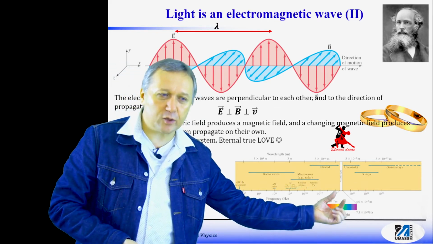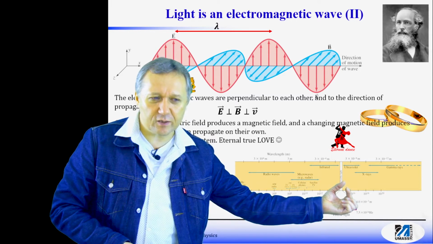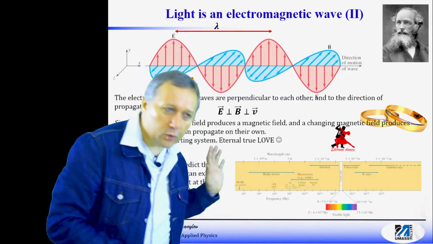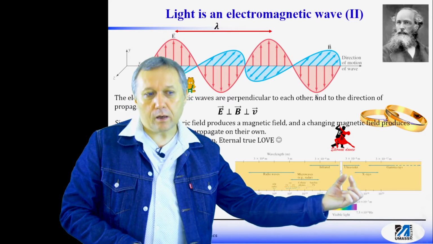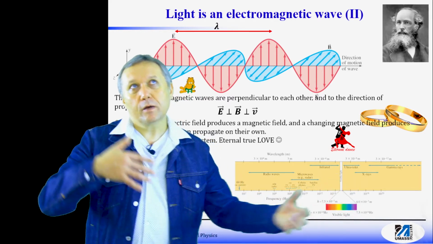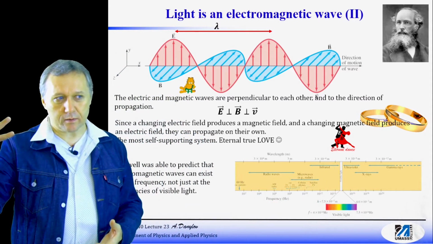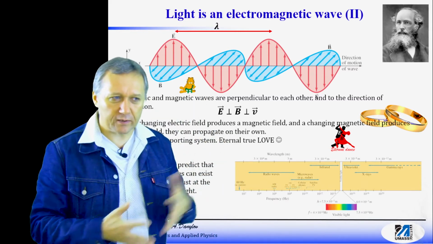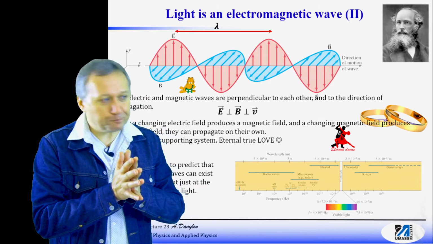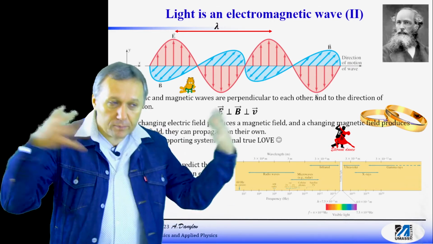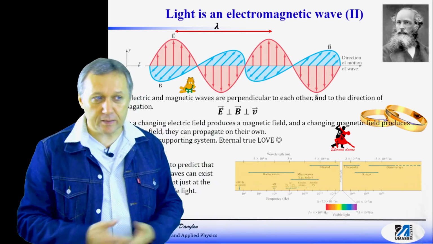The visible part of the spectrum is a very, very teeny tiny part of this whole electromagnetic spectrum. Now the wavelengths are about 400 to 700 nanometers. So wavelengths are getting even smaller, frequency becomes larger, and again if you multiply them you will end up with the speed of light.